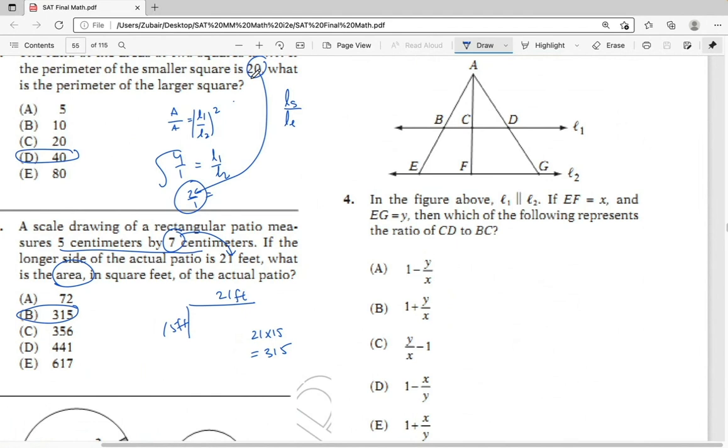So would FG be y minus x? Let's quickly read it. Since EF is x and EG is y, and the two are parallel, FG is y minus x, correct?